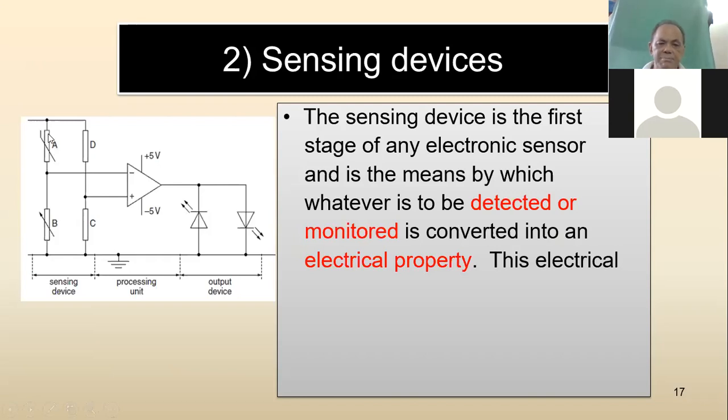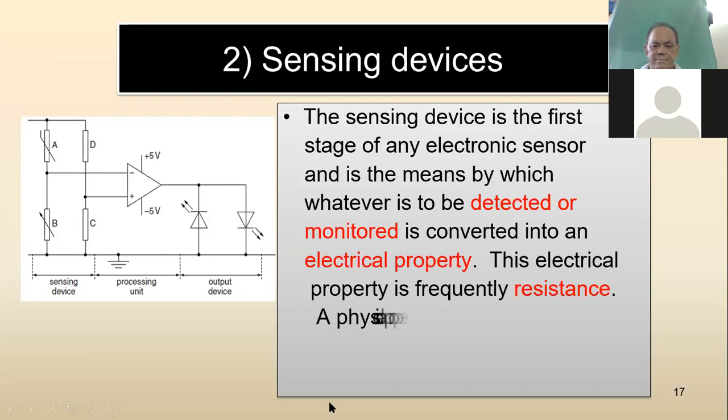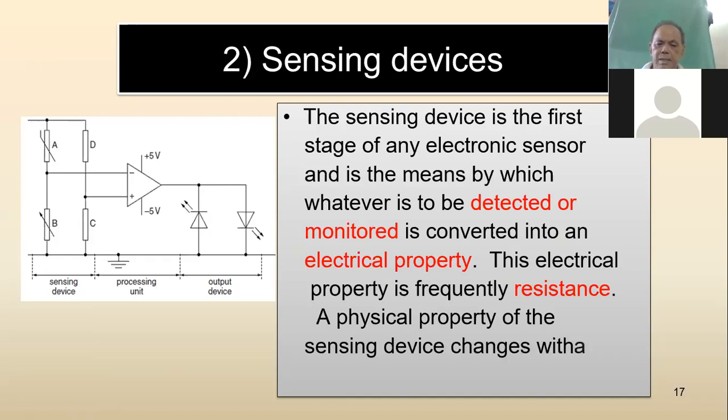And this electrical property causes the voltage to change across the resistance. So the physical property of the sensing device changes with a change in whatever you are monitoring.